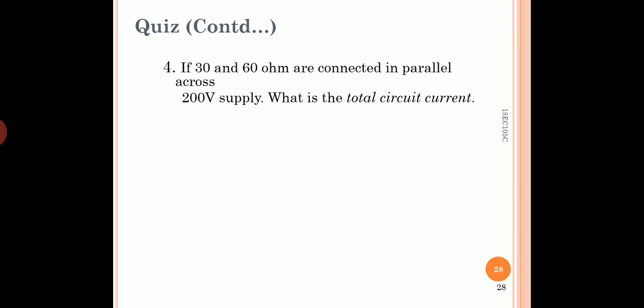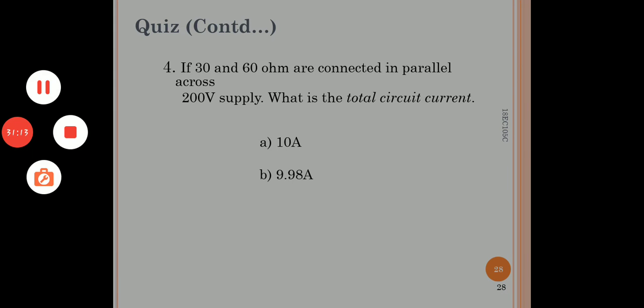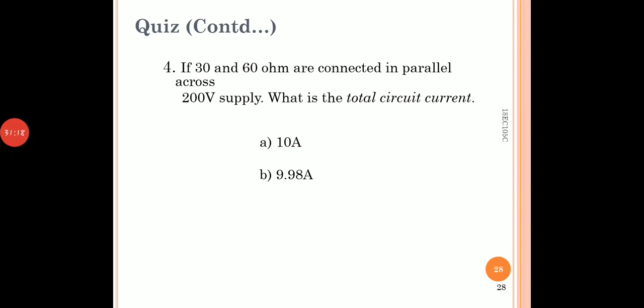What are the choices? Choice A is 10 amperes, choice B is 9.98 amps, choice C is 11.5 amps, then choice D is 10.5 amps.